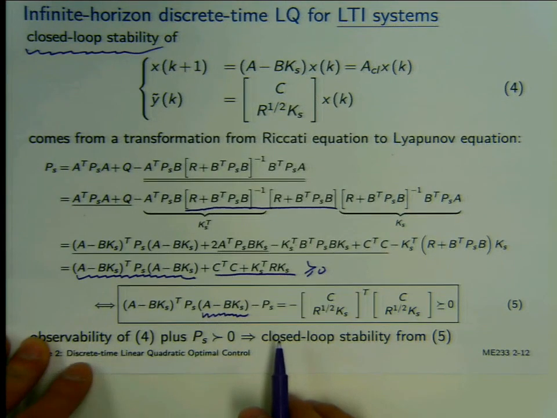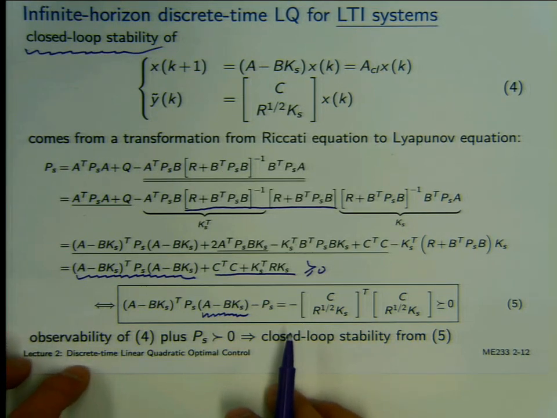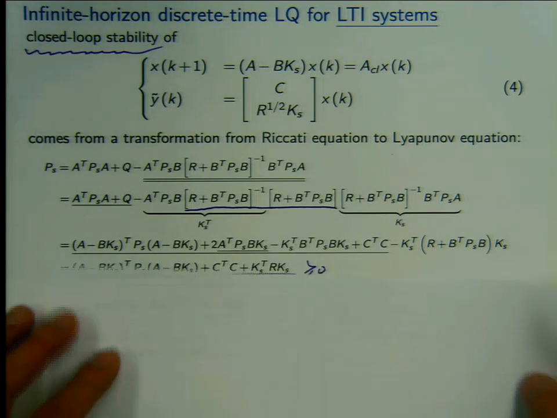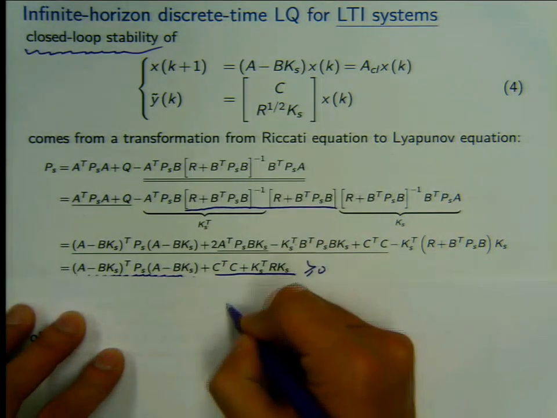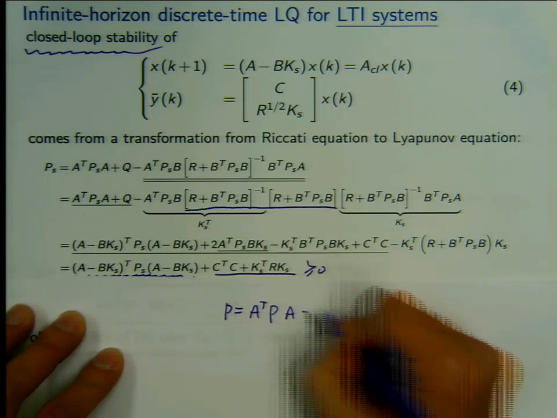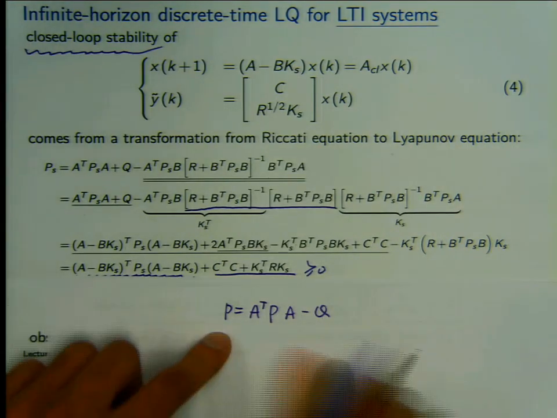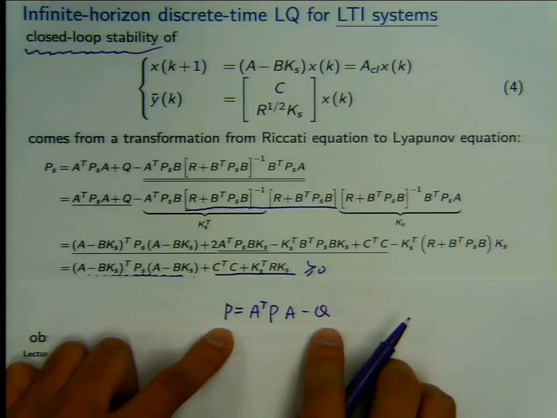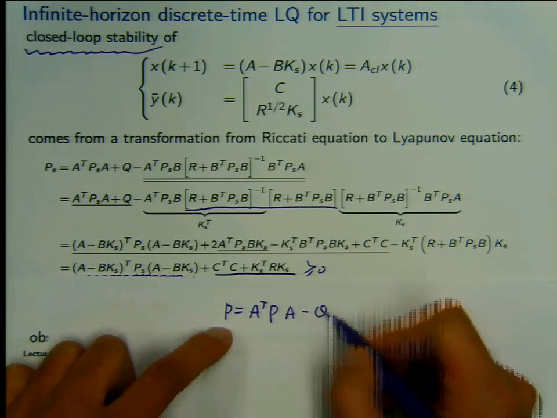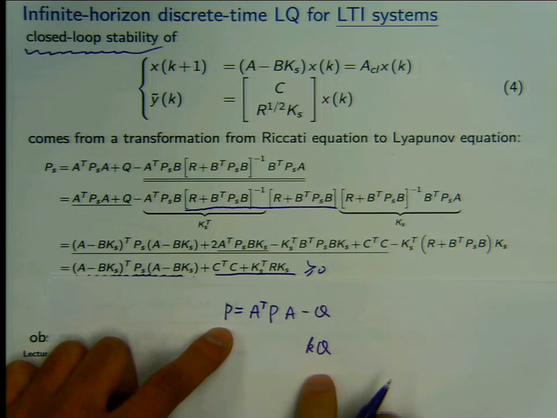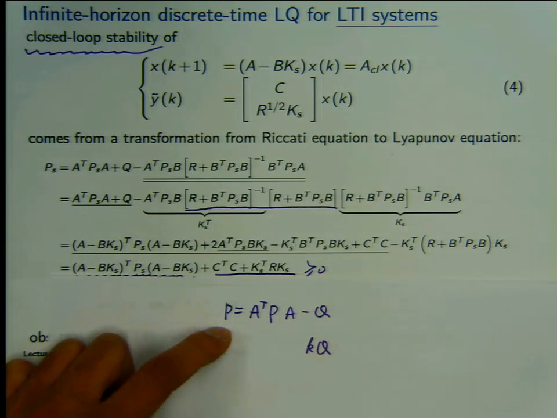But doesn't P have to be the unique and one and only solution to the Lyapunov function? It's a little bit subtle. Think about a standard Lyapunov equation. The solution of P depends on Q. If I have one Q that gives me one P, I can easily construct another Q by scaling it, and then I will have another P, right?